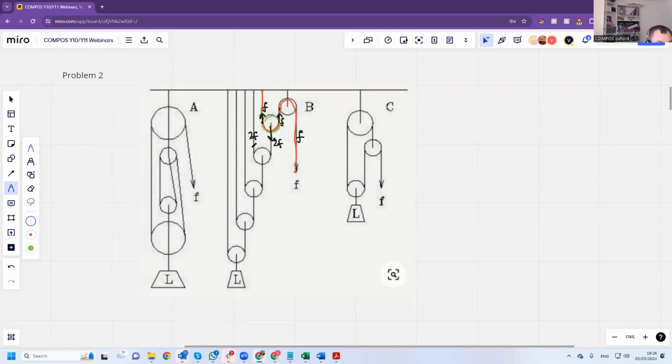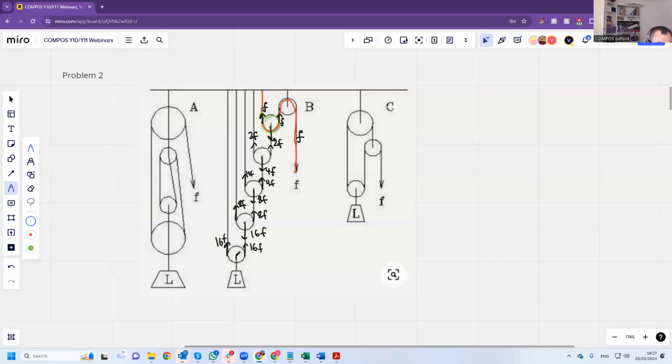Now, if you look at this pulley, once again you have 2F up, and that means the downwards force is now 4F. Once again, here you have 4F and 4F, so the downwards force must be 8F. So the tension in this rope has to be 8F, and here 8F. So the downwards force is 16F, and this is 16F and 16F.